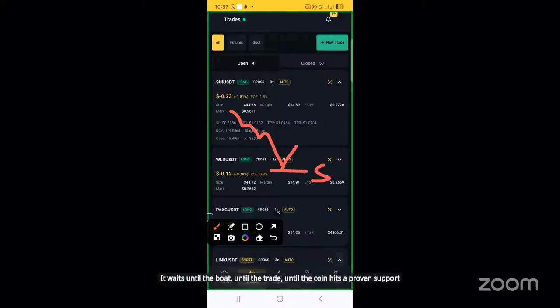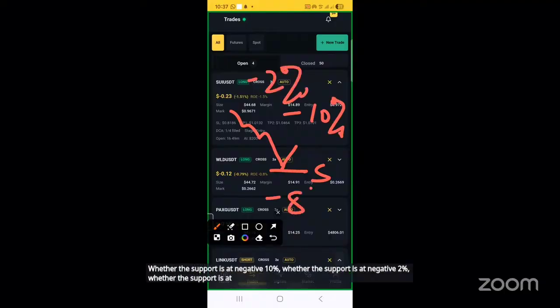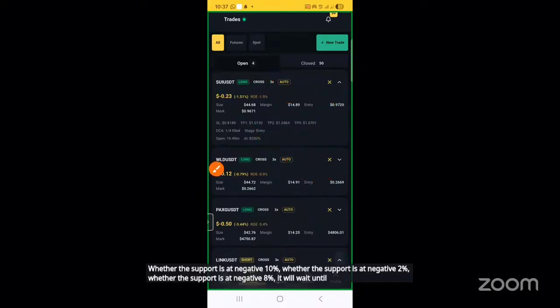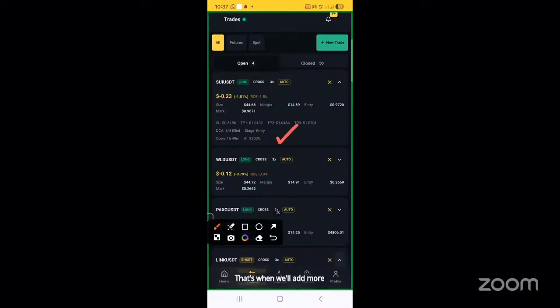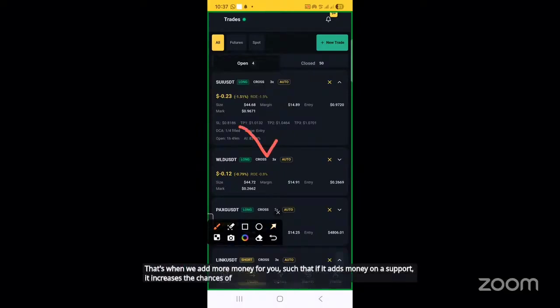Whether the support is at negative 10%, negative 2%, or negative 8%, it will wait until a support is triggered. That's when it will add more money for you, such that if it adds money on a support, it increases the chances of this coin coming back up and you enter profits.